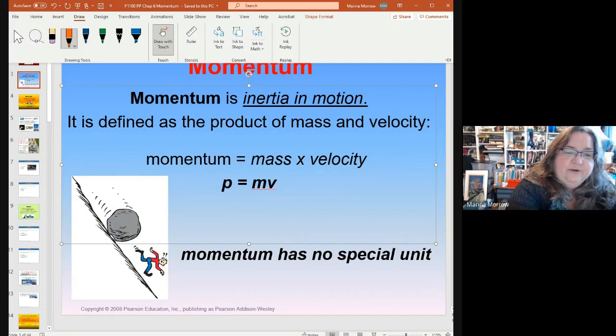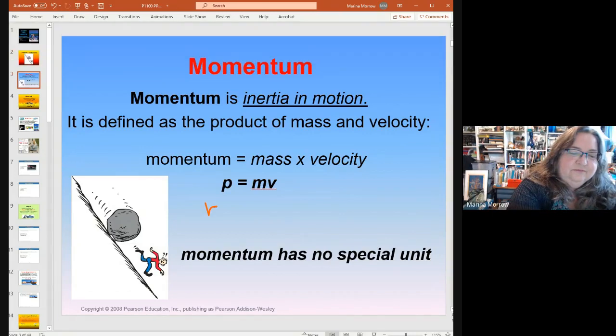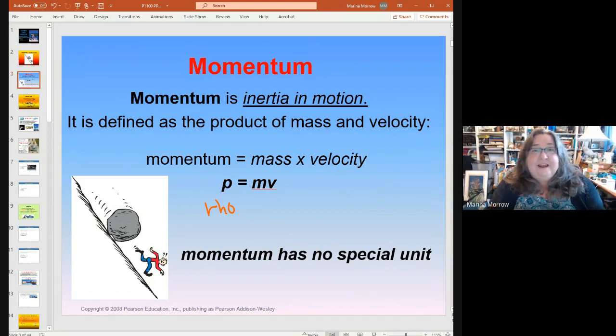And so rho is the symbol we use for momentum because we've already used m for mass. And so we can't use m for momentum also. And so we use this rho symbol because it looks sort of like a P, and it probably relates to impulse is where that comes from. Okay, now there's no special unit, so let's just go do an example.